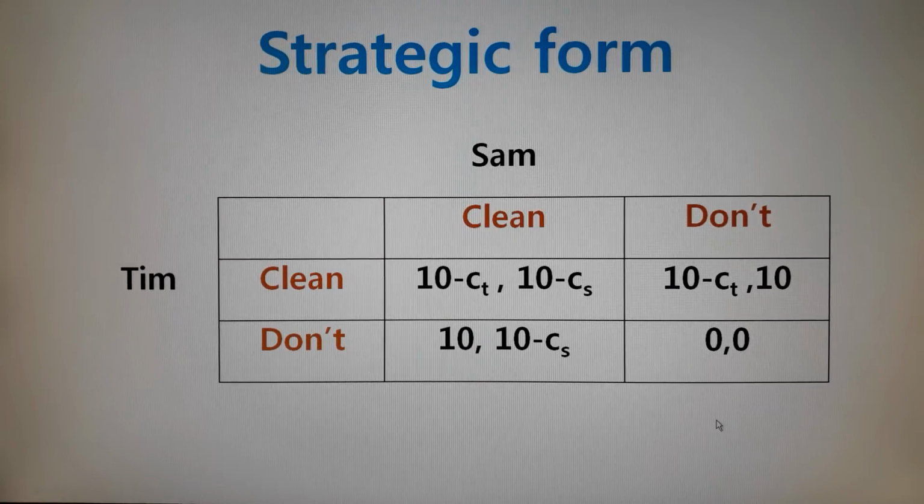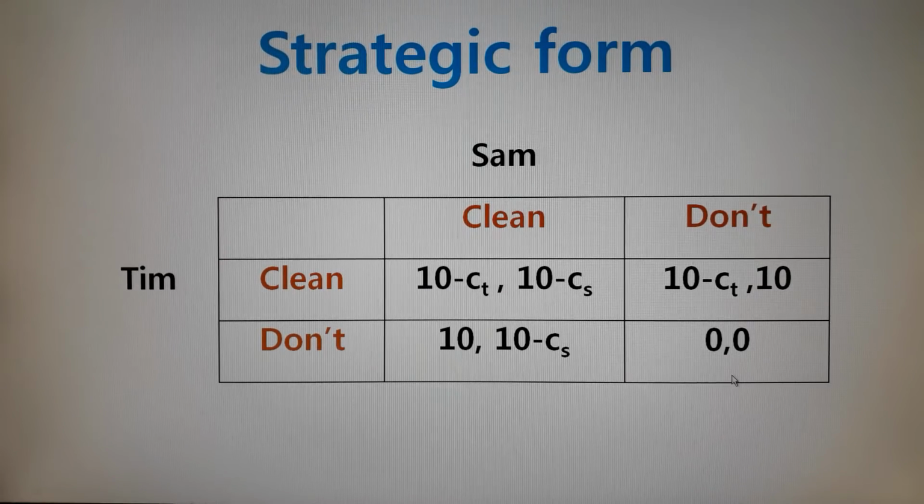Why is this an incomplete information game? The cost of cleaning the room is different for both Sam and Tim. We can have a high cost and a low cost. With probability 1/3, C_S can be 15. In that case, as we can easily guess, Sam will never clean the room. 10 minus 15 is smaller than 0.